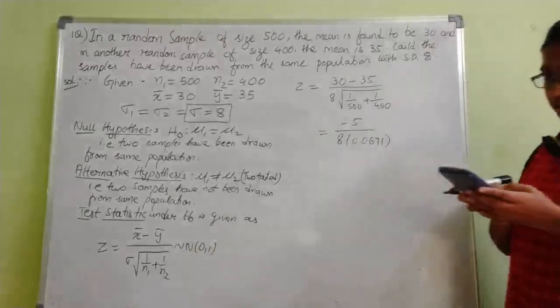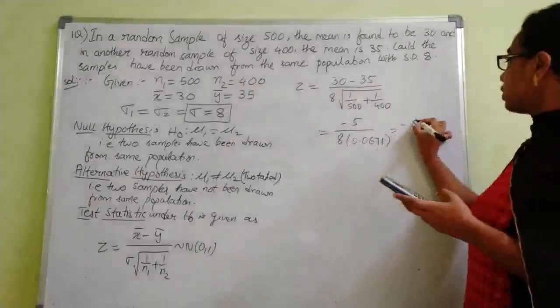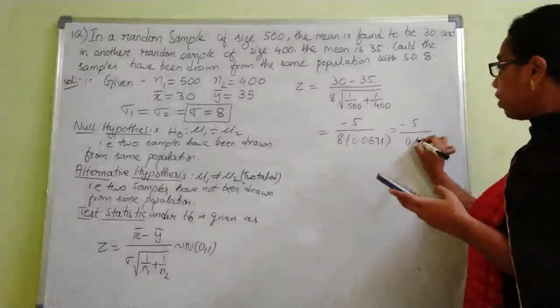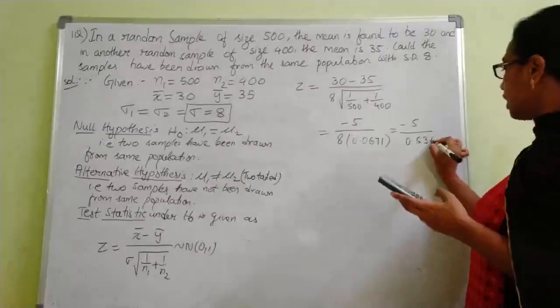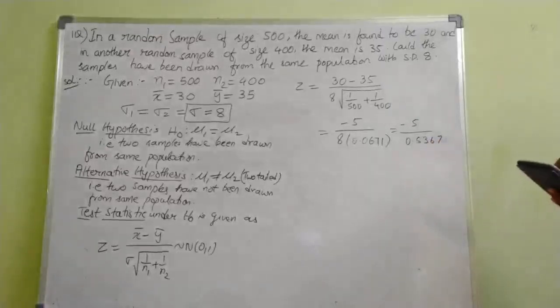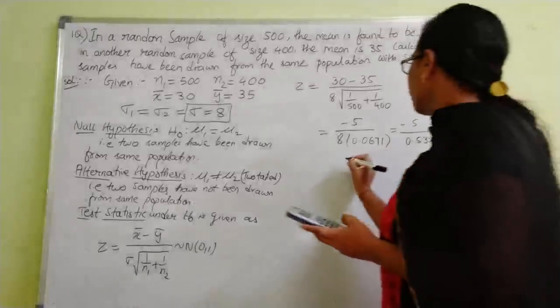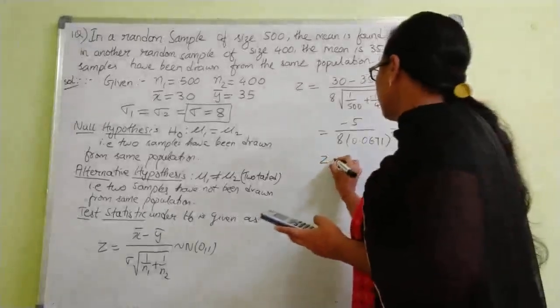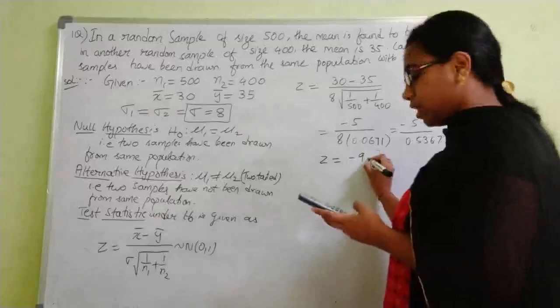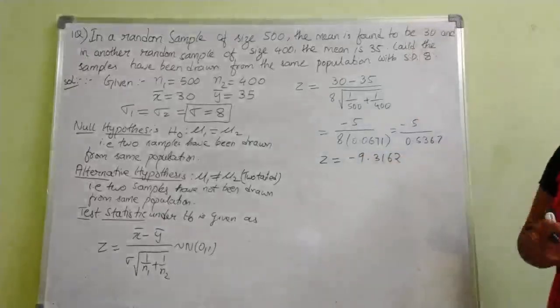So 8 into 0.0671 is 0.5367, so minus 5 divided by 0.5367 is minus 9.3162. So this is the Z value.